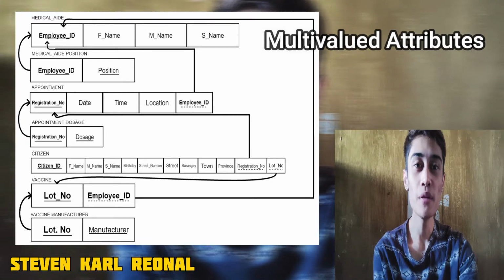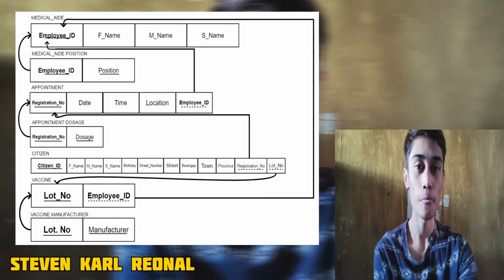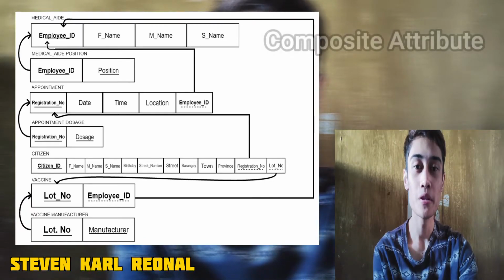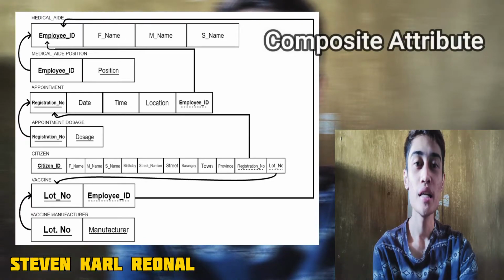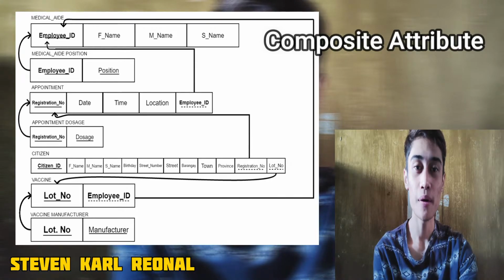This is why multi-valued attributes are separated from the parent schema. Meanwhile, our composite attribute address lists all its attributes in the citizen schema. After all, composite attributes have sub-attributes.